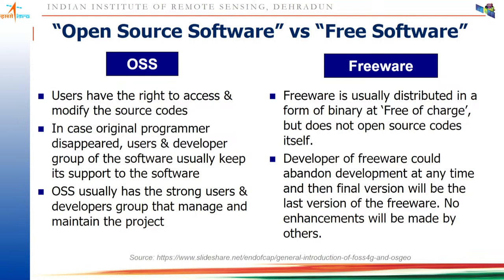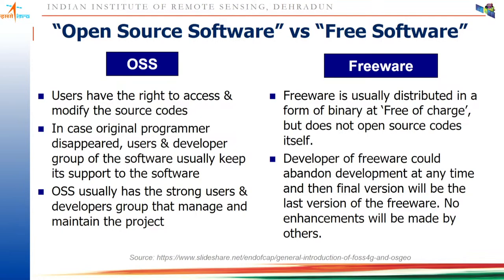Again, let us look at the differences between open source software and free software, also known as freeware. You may have come across terms like shareware or freeware. Basically, these are some softwares which are given to you for free, but they do not give you the source code, which is not quite open source software.